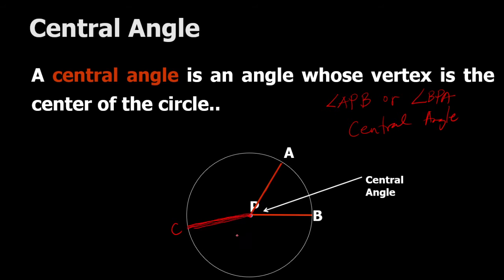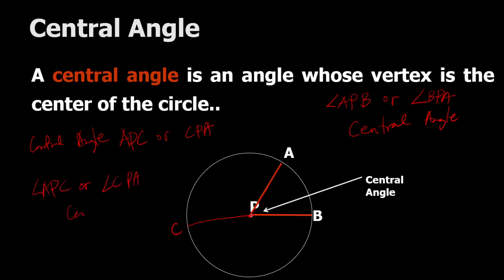Okay? So if that's the case, then we have another central angle. Say we have central angle APC or angle CPA. So angle APC or angle CPA is also a central angle.